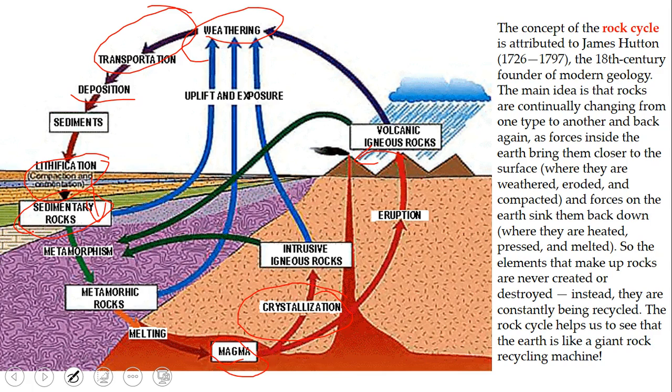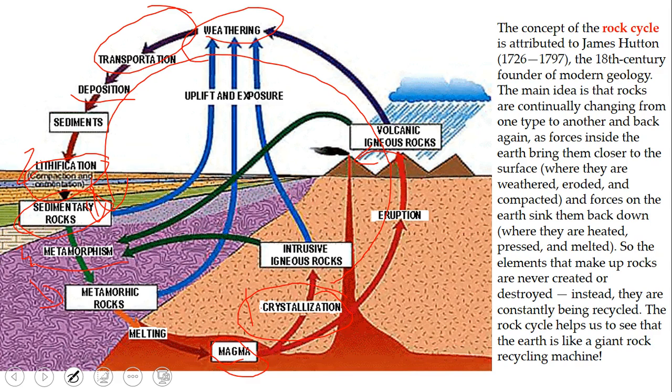This is through the process of metamorphism, and what you have just made is a metamorphic rock. So what you see here is we've gone around the outside and made three different types of rock through three different processes: 1, crystallization, 2, lithification, and 3, metamorphism. Those three processes make three different types of rocks.